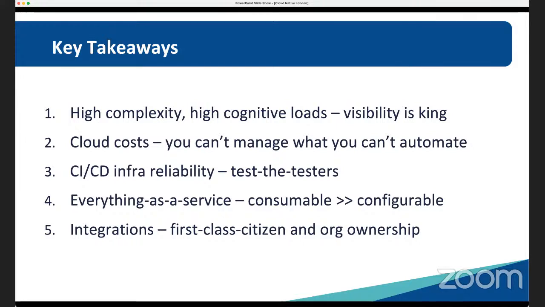And then 5, integrations. First class citizen and organization ownership over integrations. No more like, hey, went down the hall and talked to the IPAM person, and they're going to create an API account for me, and I'm going to connect to it, and no one will be the wiser. Like, other than that person.